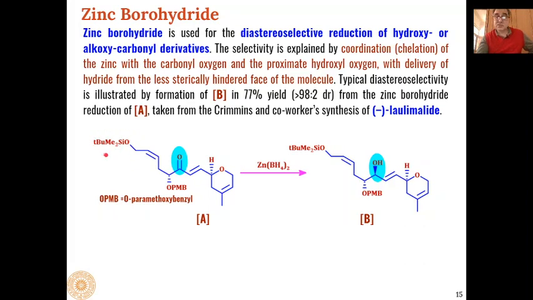This dimethyl tertiary butyl siloxy group will not be reduced by zinc borohydride. Only reduction will take place at this carbonyl group.